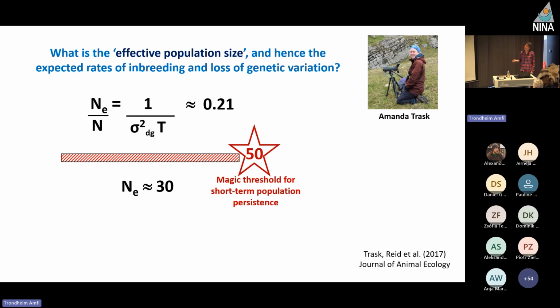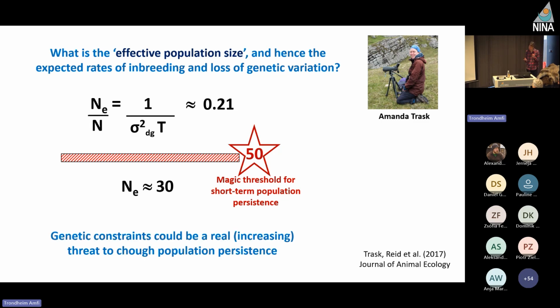And when we presented this number to Nature Scotland, the conservation agencies, they were fixated on it very fast because I think it really managed to communicate to them extremely efficiently that genetic constraints could be a real and increasing threat to chough population persistence in Scotland.